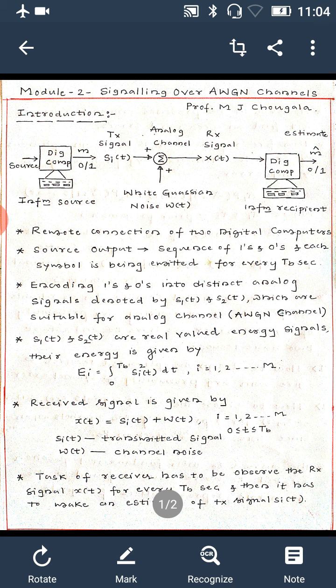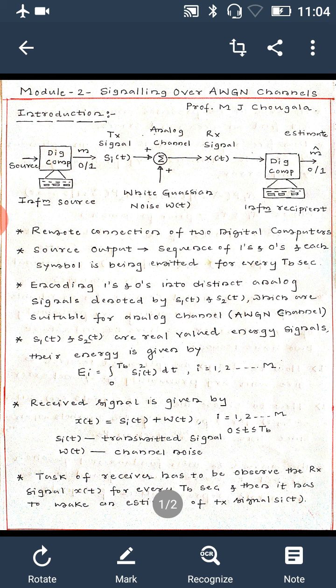The title is signaling over AWGN channel. It means the transmission of digitally encoded signals through the analog channel, which is mainly the AWGN channel. To understand what signaling over an AWGN channel is, let us consider an example where a remote connection is established between two digital computers.